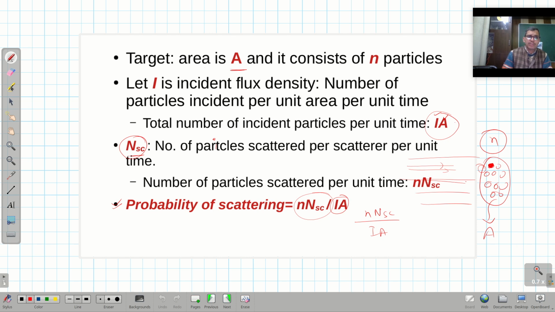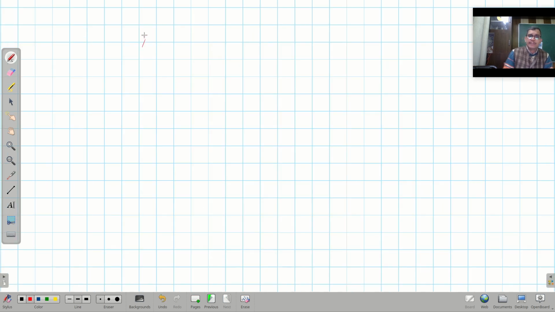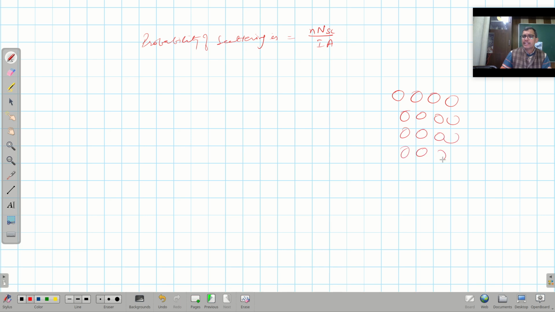I talked about the probability of scattering, and the probability of scattering is basically N_SC over I_A. Now say this is my target, and say its area is A, but the effective area of each scatterer is, say, sigma_SC. Let me define in terms of this effective area.